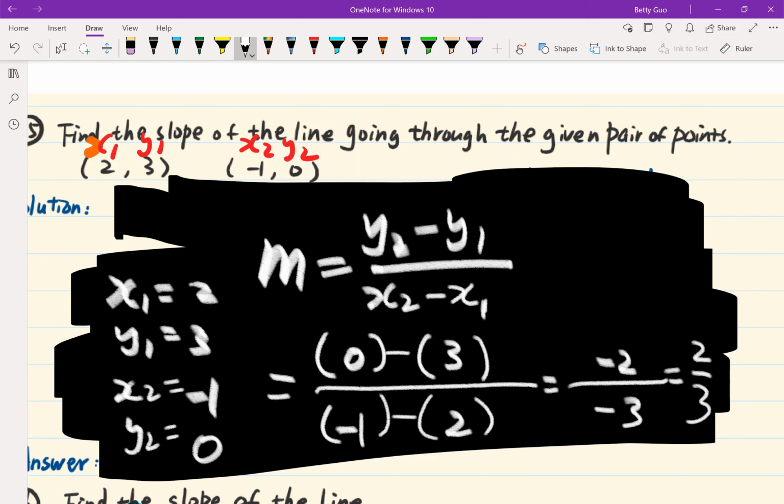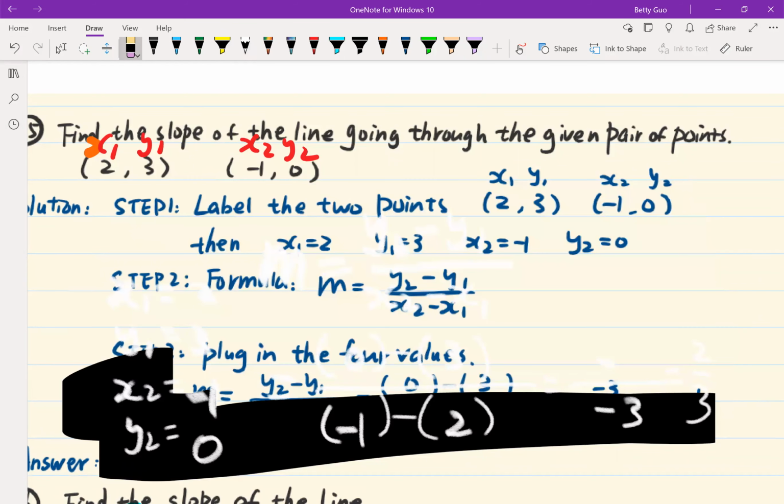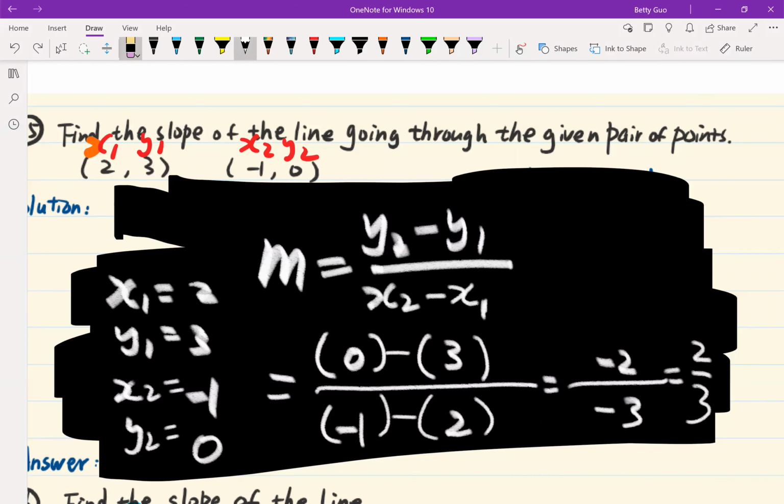Let me double check. Did I plug in anything wrong? 0 minus 3, -1 minus 2. Oh, my bad. You're right. Sorry about that. 0 minus 3 is -3.